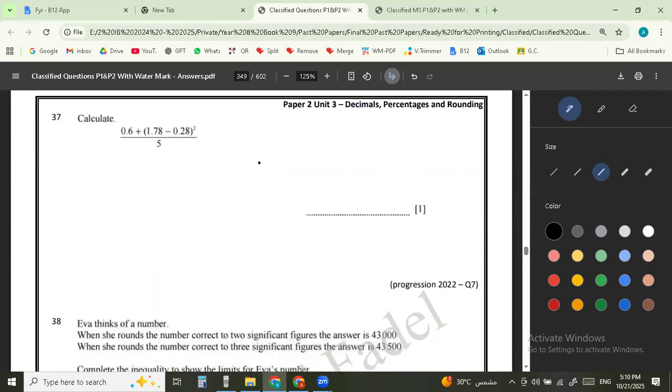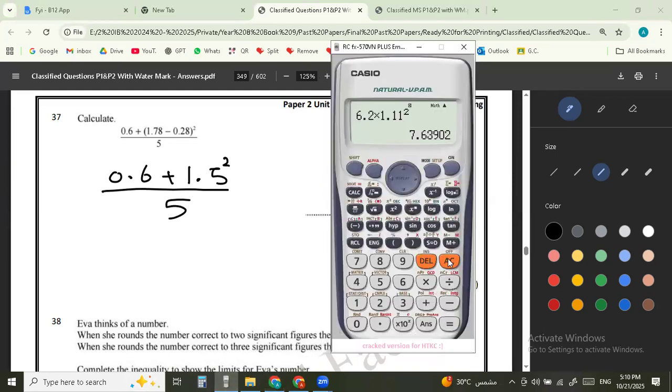Next, calculate this. Just to simplify it, we're going to do it on the calculator: 1.78 minus 0.28 is going to give you exactly 1.5, squared, all over 5. Can I do it on the calculator, Mr.? From the very beginning? Yes, you can. They did not say show your working, so yes, you can.